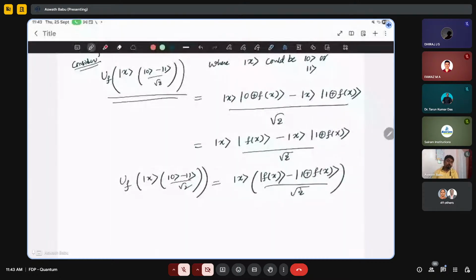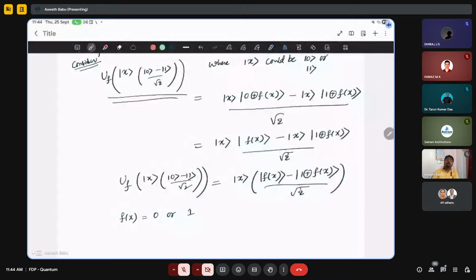This is the state I have. Now look carefully at the f of x values, and according to them you can simplify this equation. f of x takes 0 or 1 values.